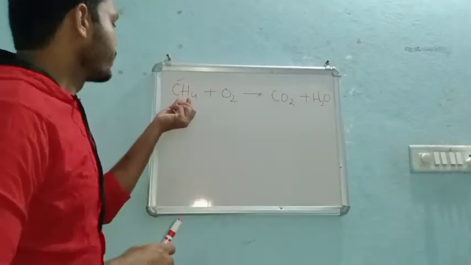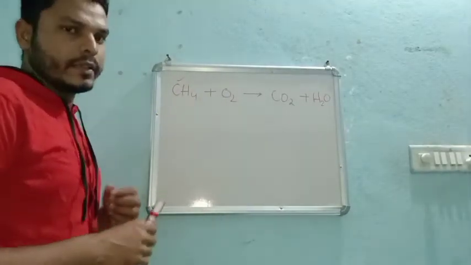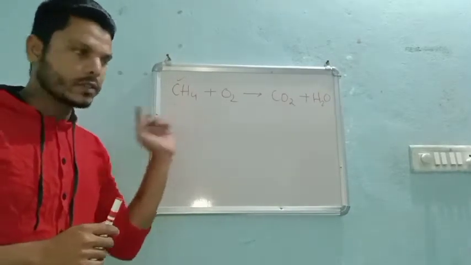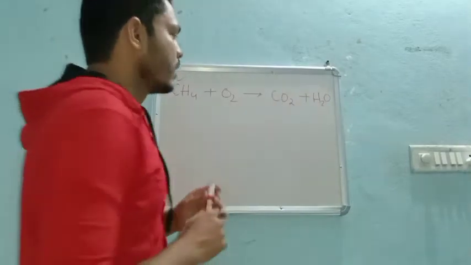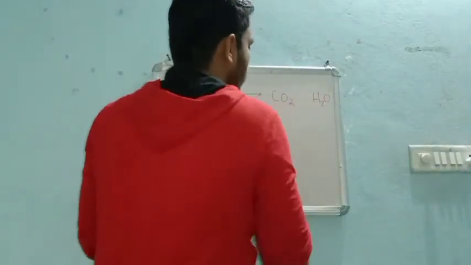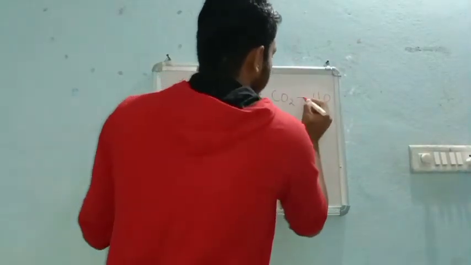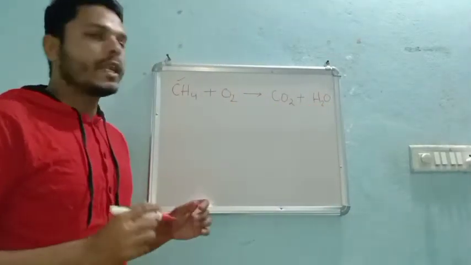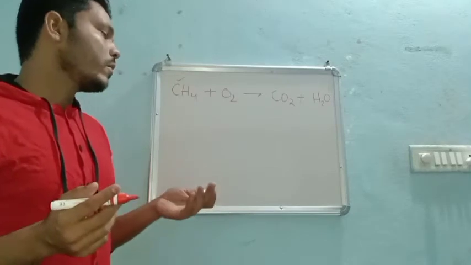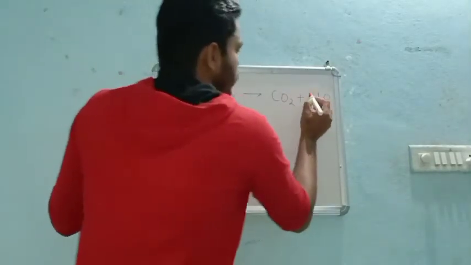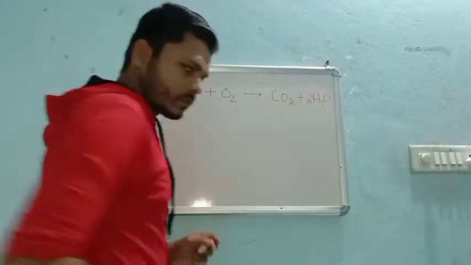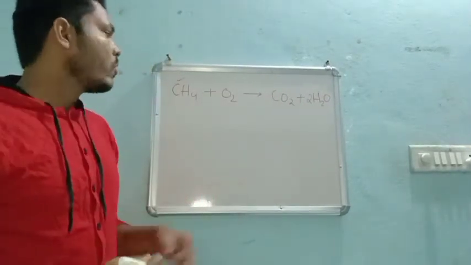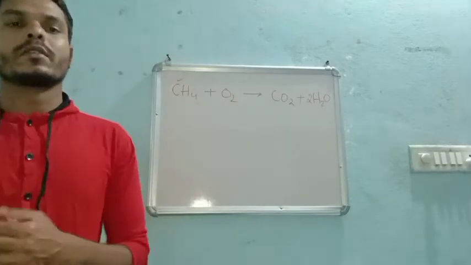Okay, no problem. So now see, on the reactant side there are four hydrogens, right? Four hydrogens. Now you check here. Only two hydrogens are there. So what we need to do is multiply with what? 2, right? 2 2s are 4.